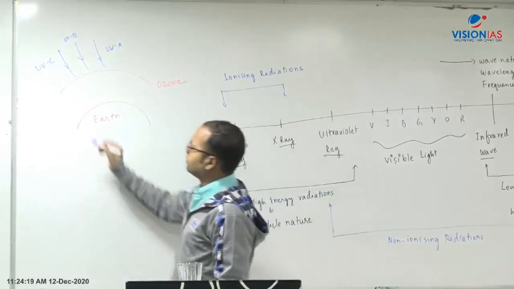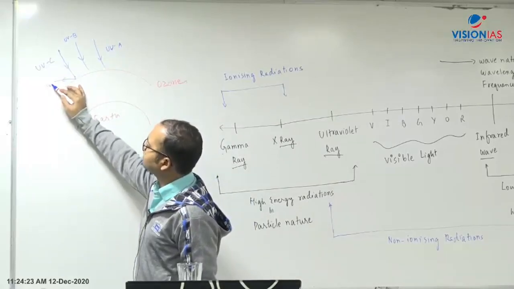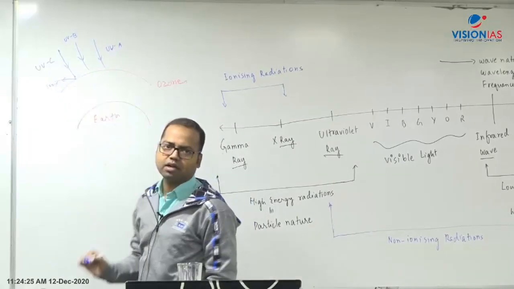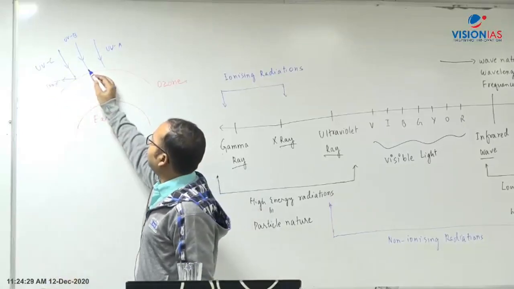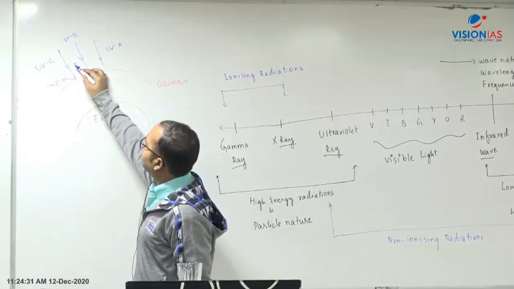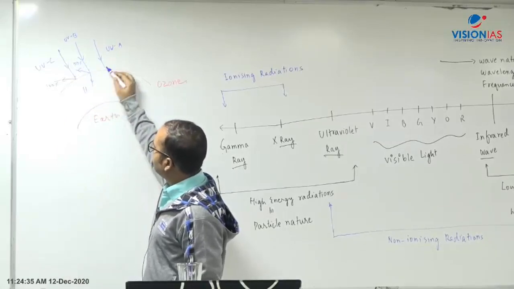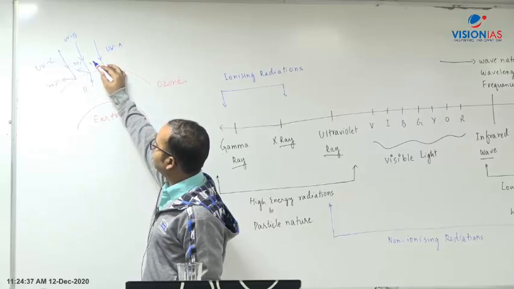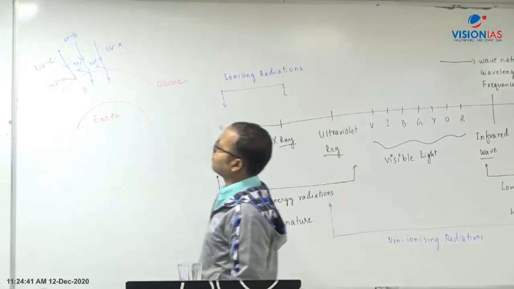The ozone layer reflects ultraviolet C 100%. Nothing enters Earth's atmosphere. 99% of UVB is reflected and only 1% is allowed to enter. Here also around 40% to 50% is reflected and the rest is allowed to enter.